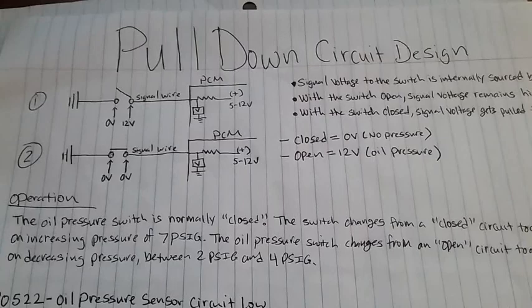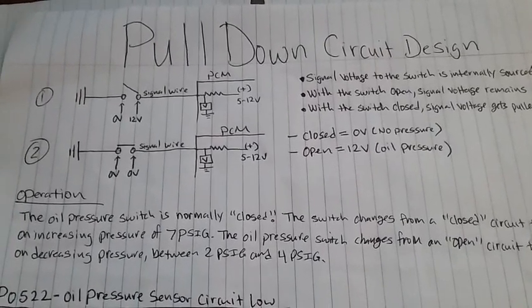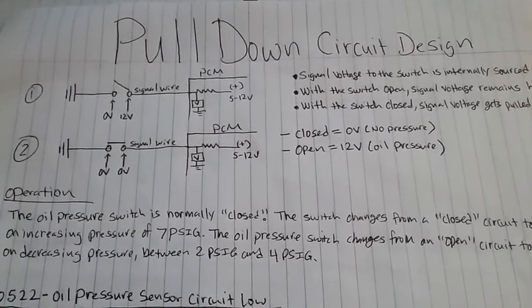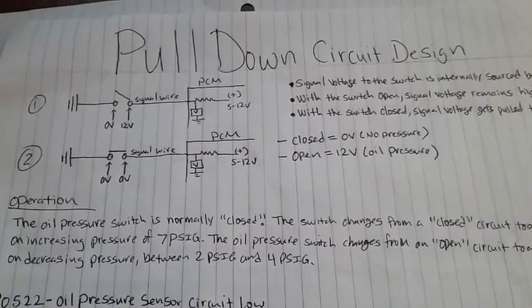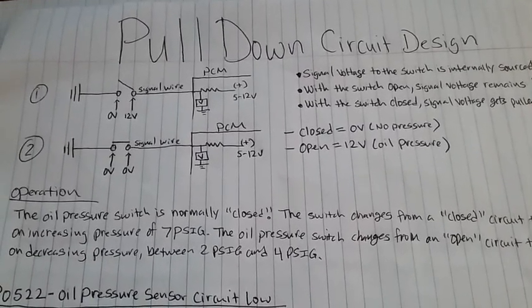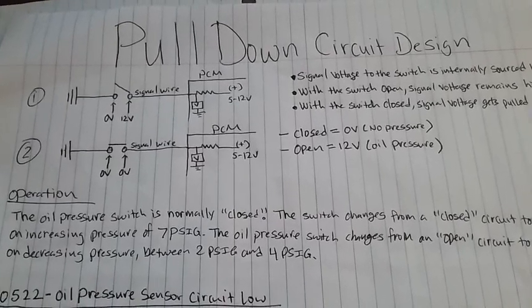So with the key on, engine off, our reading should be approximately 0 volts on both ends: on the ground side and on the signal wire. But when the contact's open, our voltage should be approximately 12 volts on the signal wire and 0 volts on the ground wire.